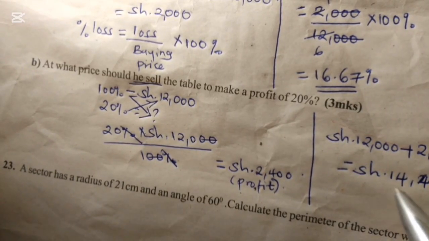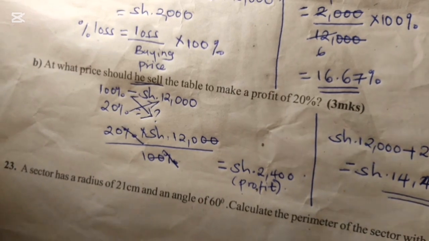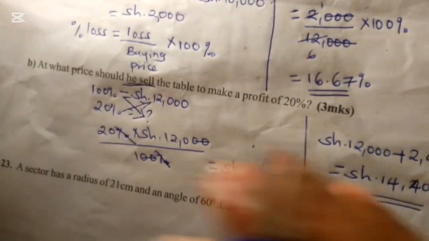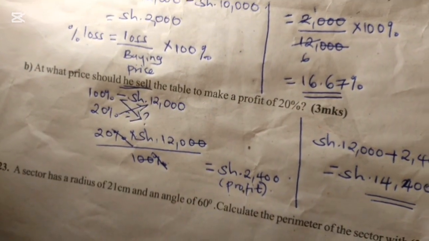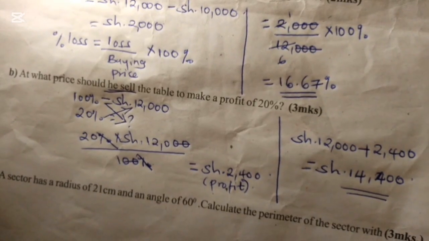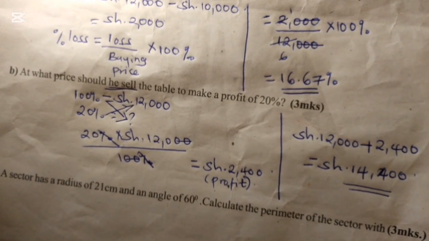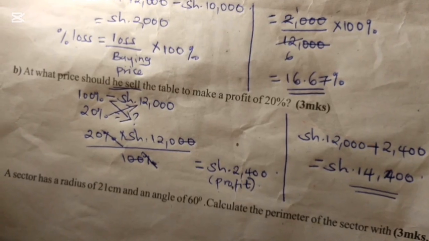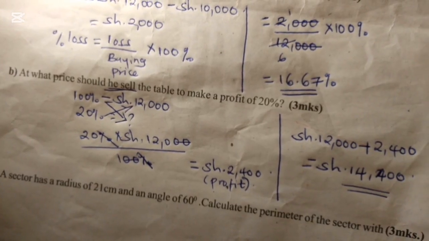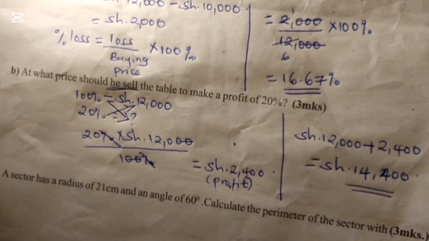That is the price at which the carpenter will sell the table to make a profit of 20%.